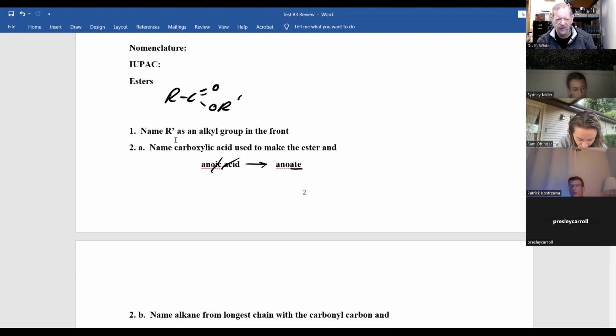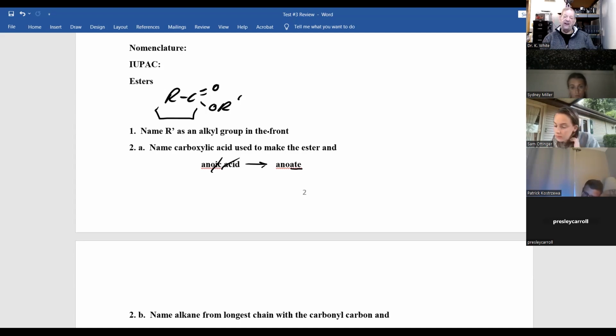For an ester, you name the R group in front as an alkyl group, like methyl, ethyl, t-butyl, and so on. Now, for this part of the ester, pretend R prime is an H and name that as a carboxylic acid. Then you drop the IC in the word acid and add ATE.